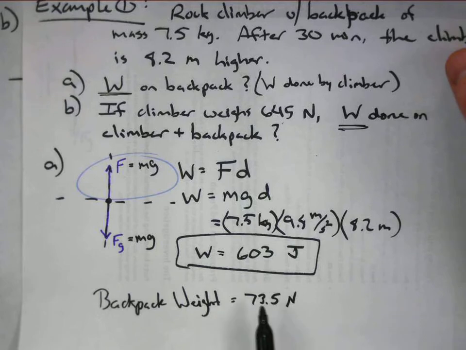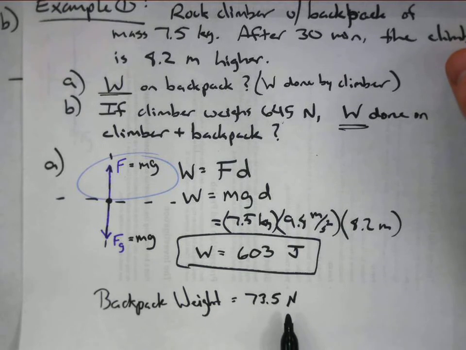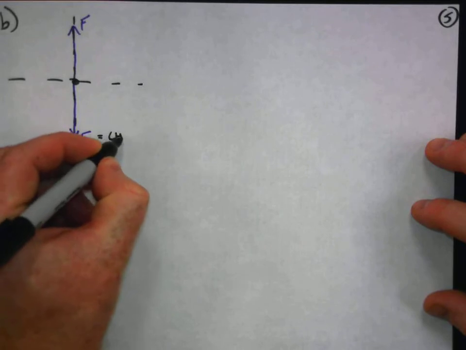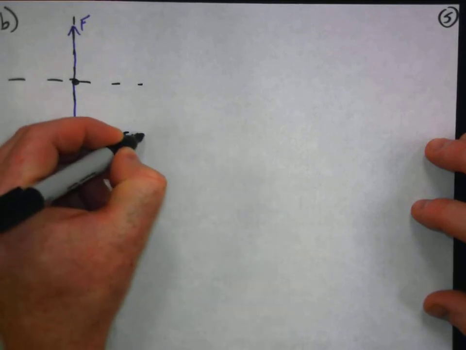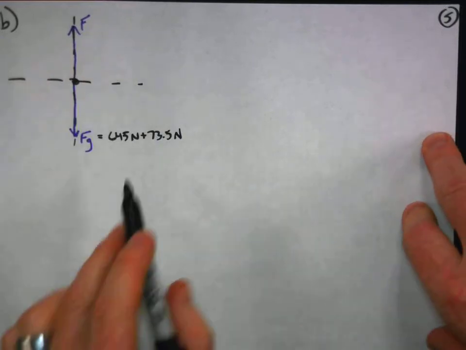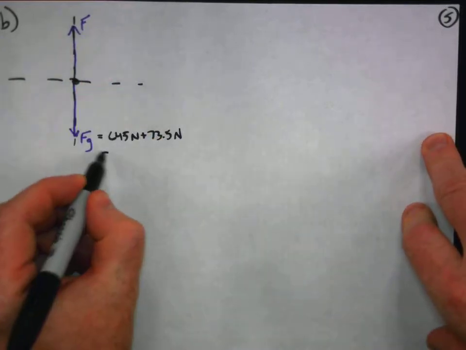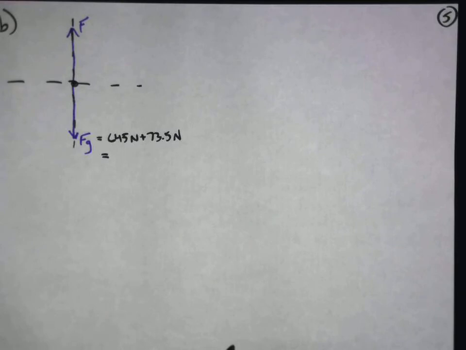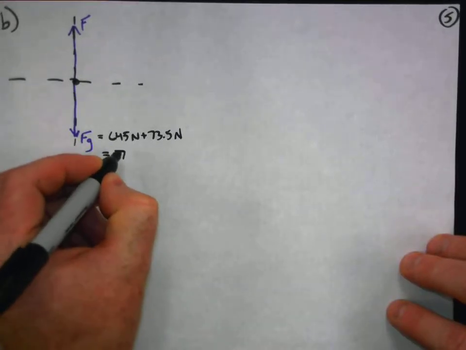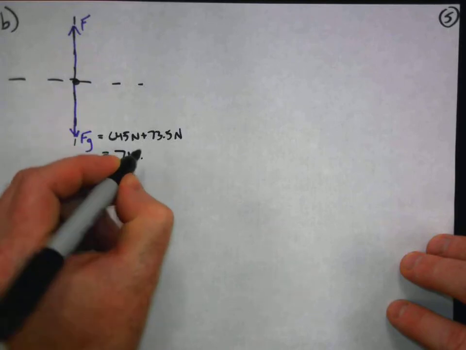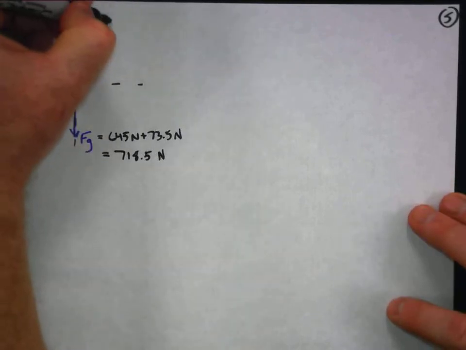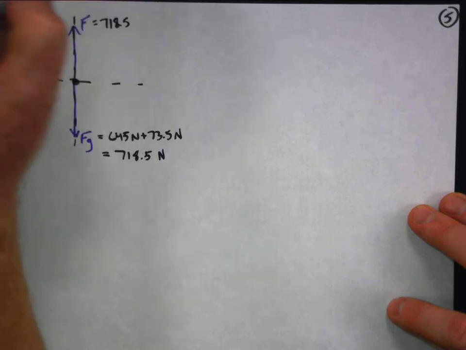So 645 newtons plus 73.5 newtons is 718.5 newtons. So that means this force is 718.5 newtons also.